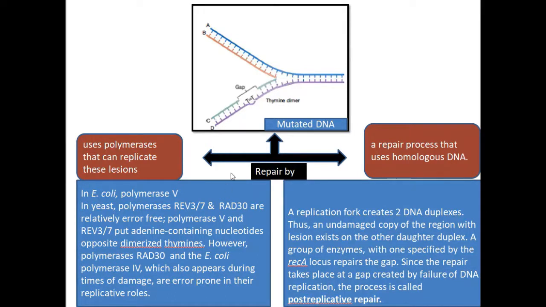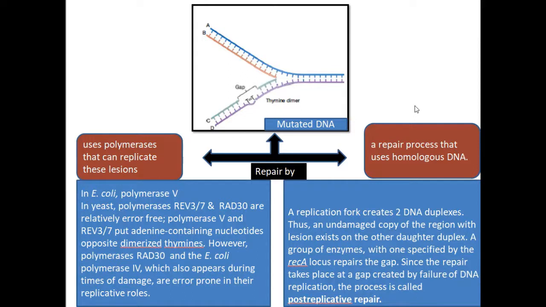We can see that the strand D is complementary to the strand A. And so, if you want to replace this region of C, you can take some portion corresponding to this gap from the strand A. And that would result in the repair of the gap which has been created by this thymine dimer.